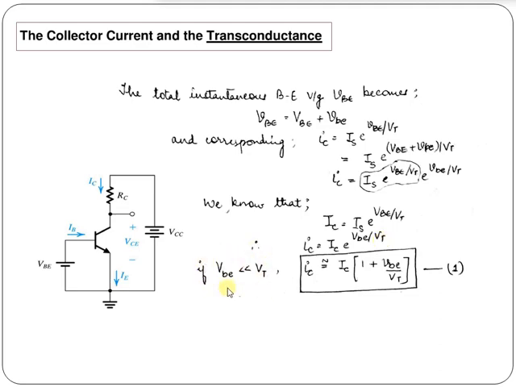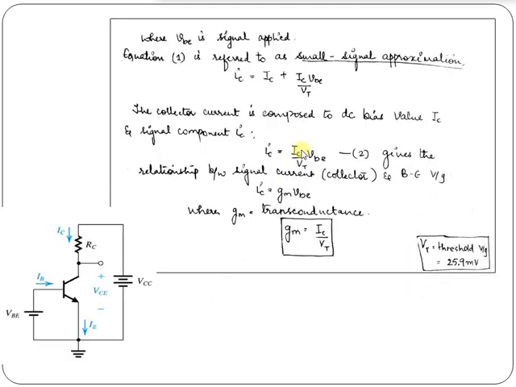If we consider that the value of vbe is very less than the threshold voltage, then the instantaneous value of collector current will be equal to IC multiplied with 1 plus vbe by VT, and this is represented as equation number 1.